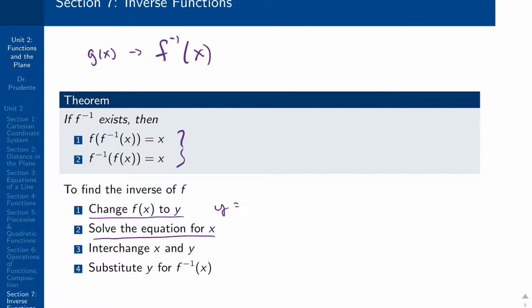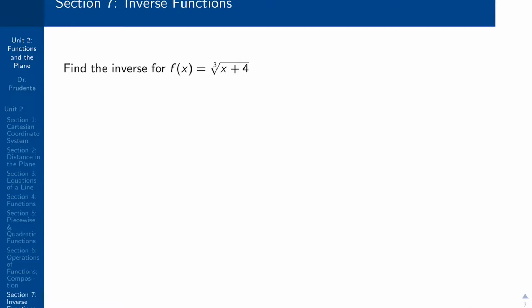And at the end, our goal is to have some function that looks like x equals. What we want to do is interchange all of the instances of x and y. By that time, we'll have back again a y equals, and then we'll substitute an f inverse for a y. And so our thing will look like f inverse of x.